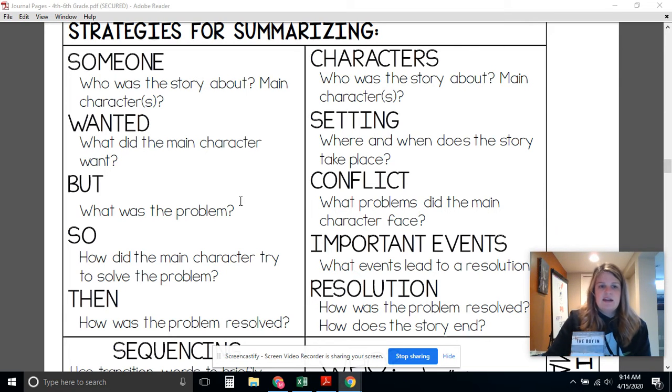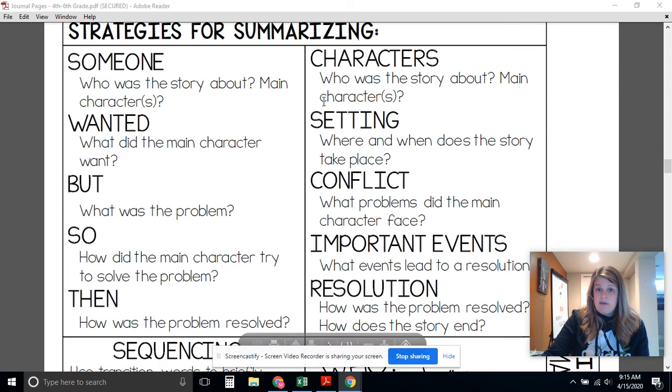But we might not know how the character tries to solve the problem yet. That's probably going to come up a little bit later. In a book of 200 pages, I would say that comes up maybe page 100, 115 ish. And that's going to be the big, huge chunk of the book. And then the problem will be resolved. That's probably going to be in the last chapter or the last chapters, maybe the last 3 or 4 chapters.